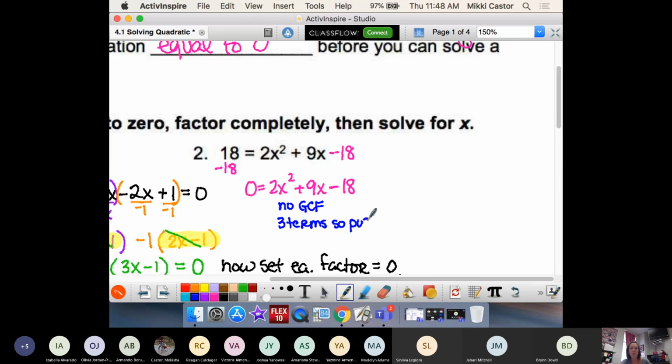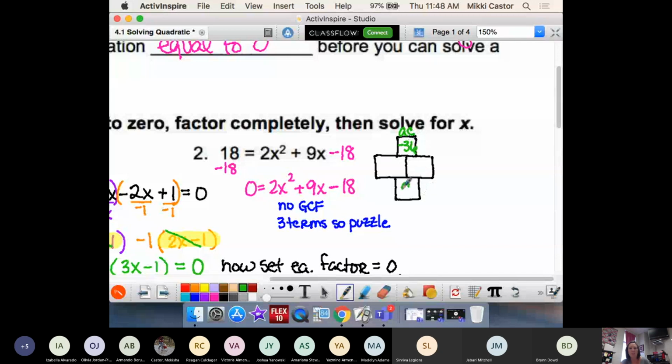So we're going to use our puzzle again. Okay, I'm going to put my puzzle up here. Again, the top box is A times C. So that would be 2 times negative 18 or negative 36.